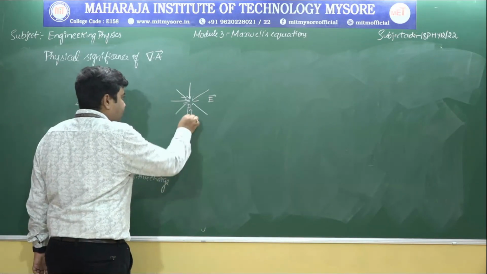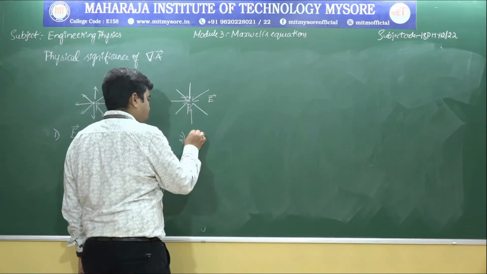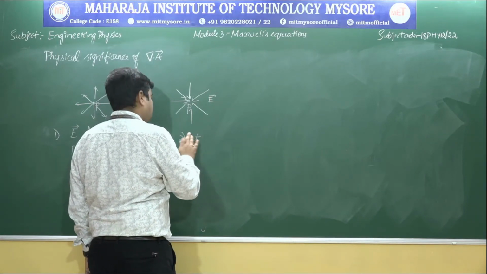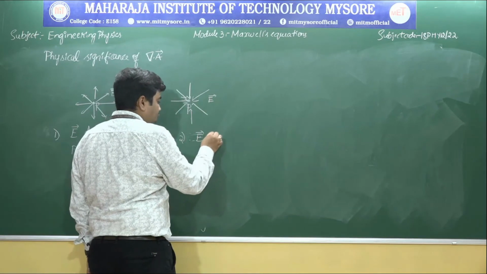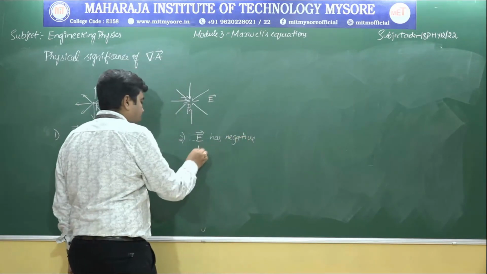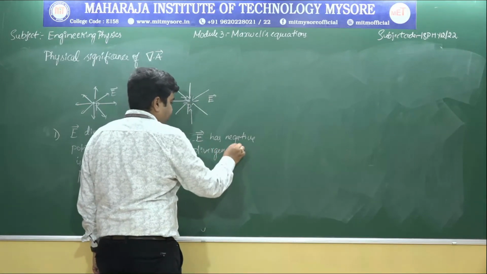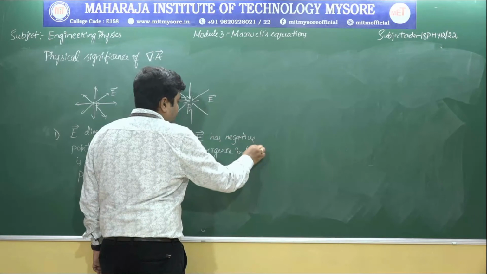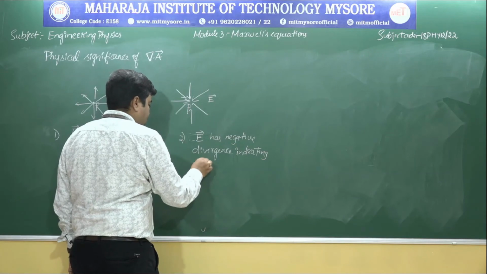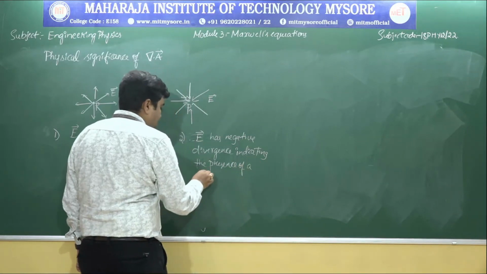In this other case, the electric lines of force are converging towards the point P, so the electric field E has negative divergence, indicating the presence of a negative charge.